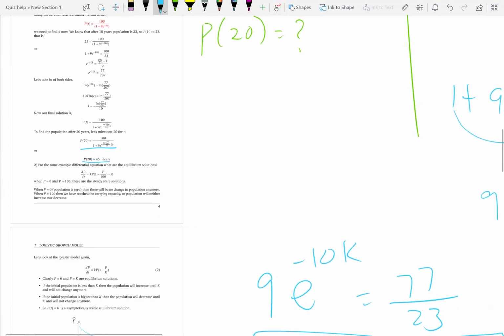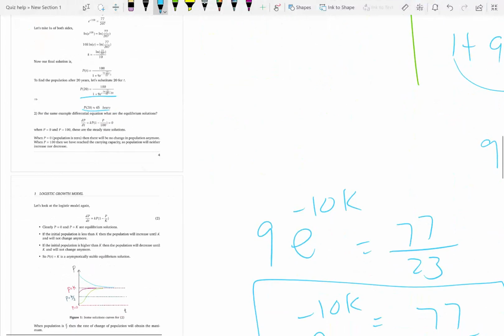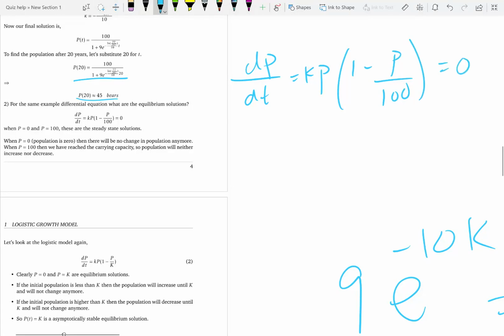In the question, it also asks, what are the equilibrium solutions? The differential equation is k P times 1 minus P over 100. You make it equal to 0. The equilibrium solutions are P equals 0 and the carrying capacity, where the population equals 100.